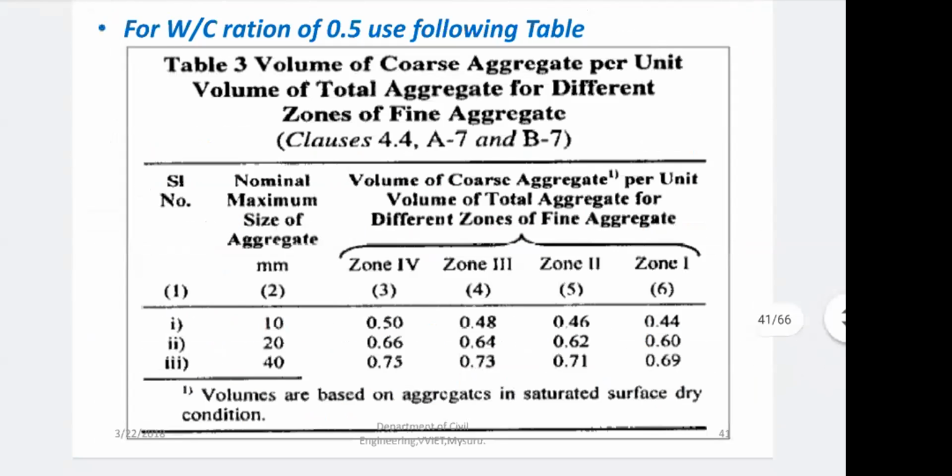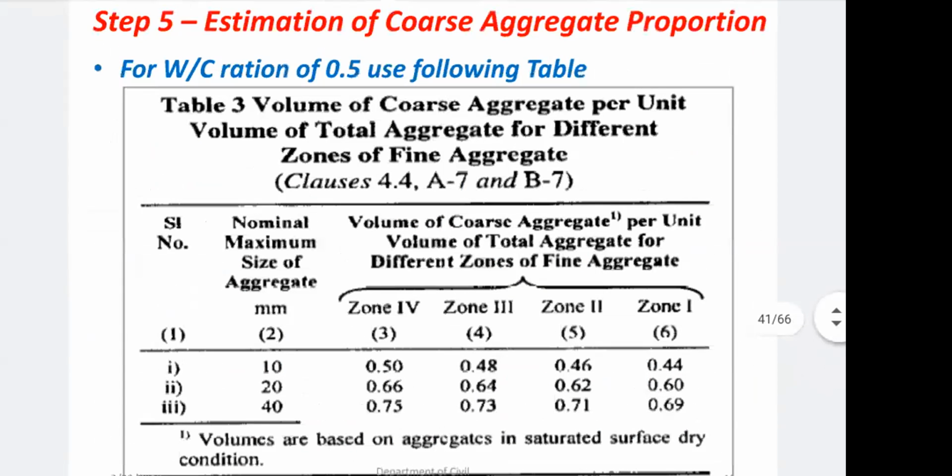Table 3 shows you the different zones: zone 1, 2, 3, 4. In our numerical, the zone for fine aggregate is already given as zone 1, and the nominal maximum size of aggregate is also given, that is 20 mm.